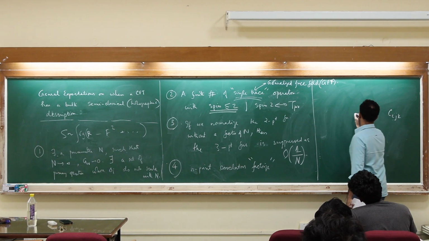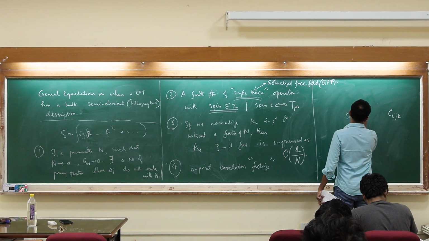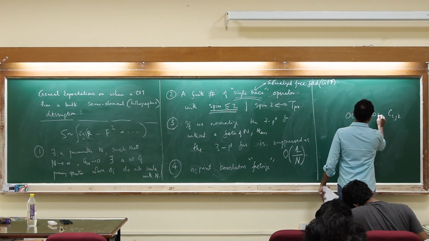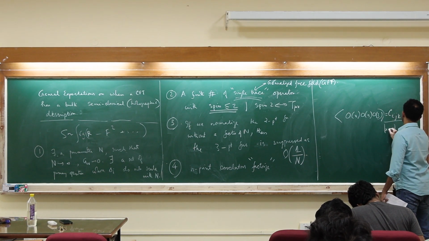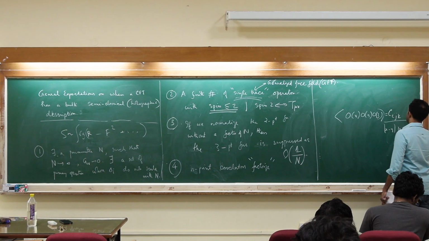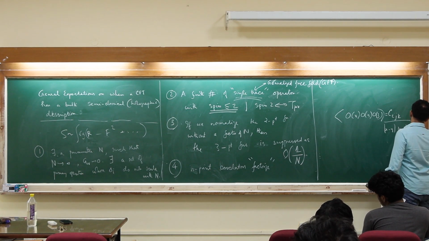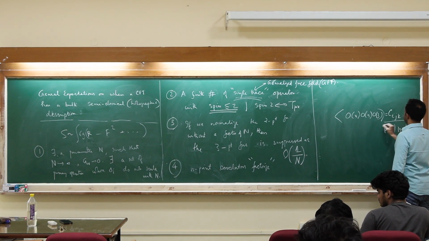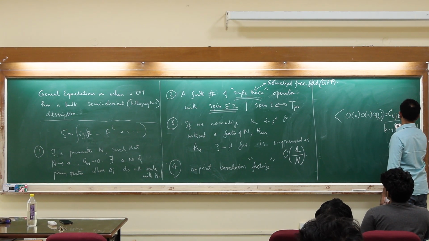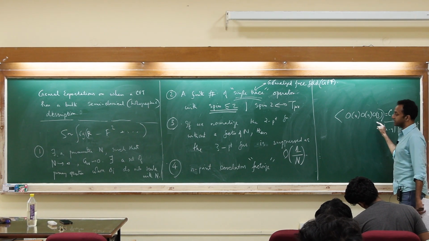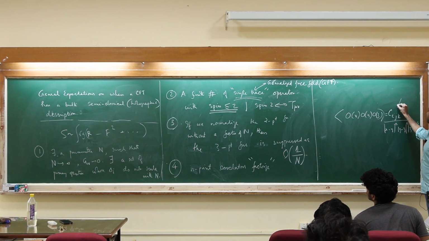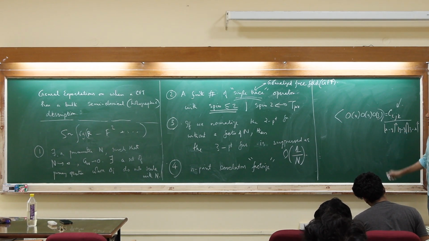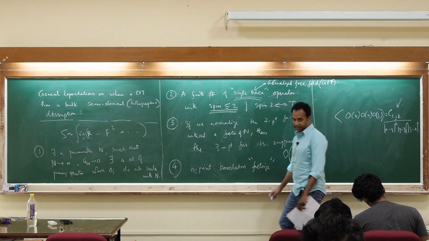So if you have O_X, O_Y, O_Z, the expectation value in the vacuum in a conformal field theory will basically take some form like this, with factors of distances to various powers, all of them delta, delta, delta. This is a general formula in conformal field theory. What I'm saying is that this C_IJK will be suppressed by a factor of n.